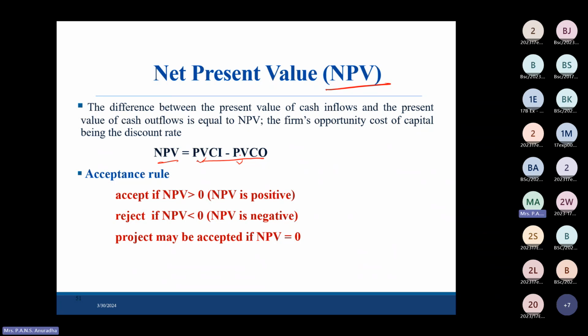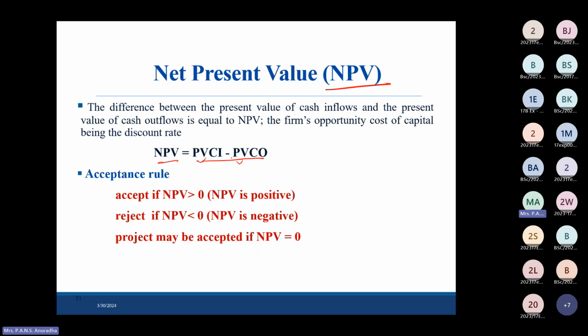When the present value of the cash outflow is greater than the present value of the cash inflow, your NPV will be negative. If these two are equal, your NPV will be zero. We call it a marginal profit because there is no value created or destroyed. The project is at break even.